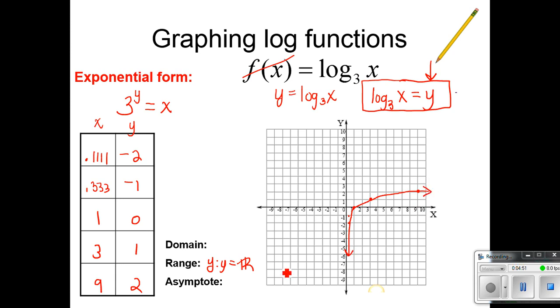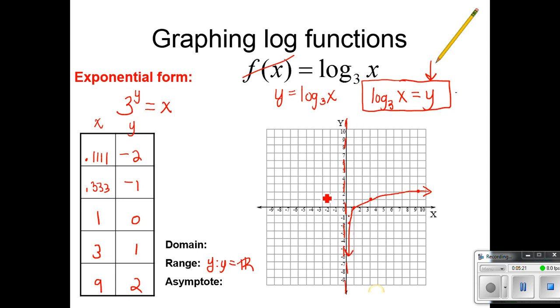I bet you anything, if I graph the y equals x line and I graph the exponential, I would get a reflection. Now let's look at this. When I'm looking at this problem, there is no shifting horizontally. So the asymptote is going to be 0 if I don't have anything being added to or subtracted from my function.